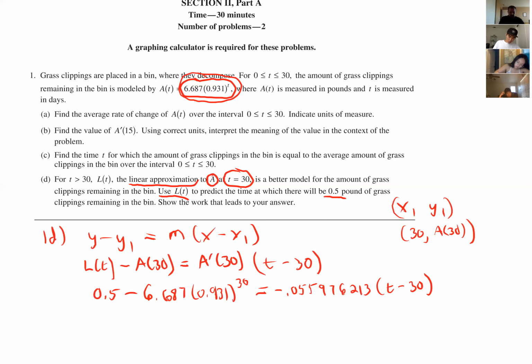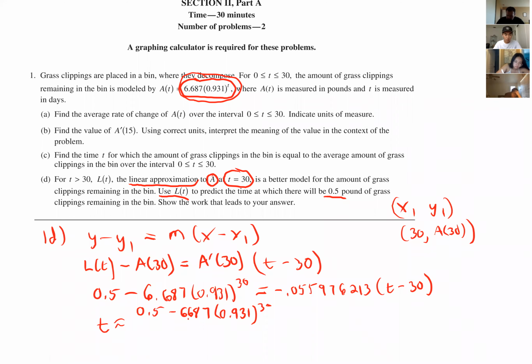you could leave your answer, normally you could leave your answer like this. It'll be everything on the right side, 6.687 times 0.931 to the 30.